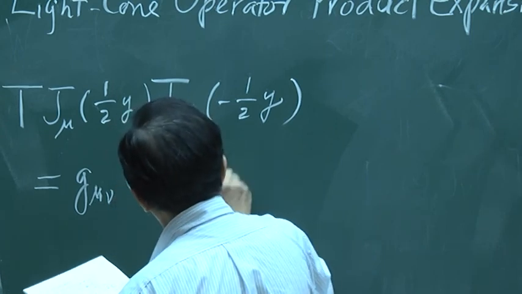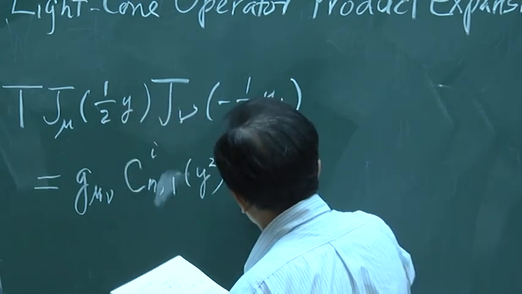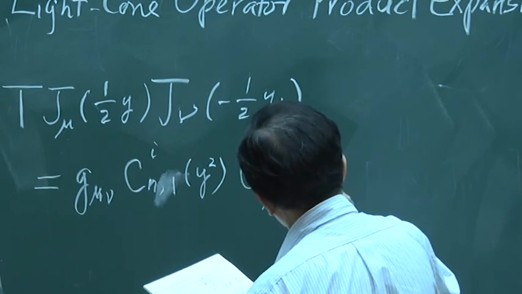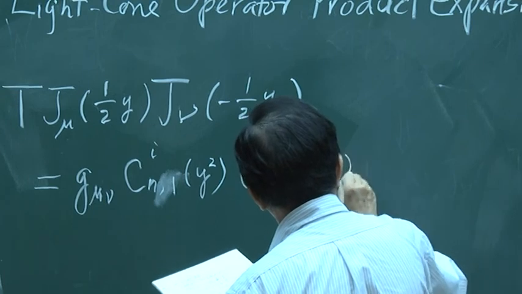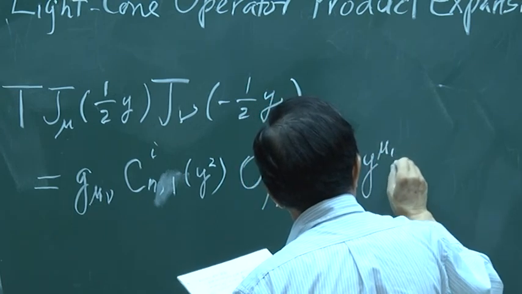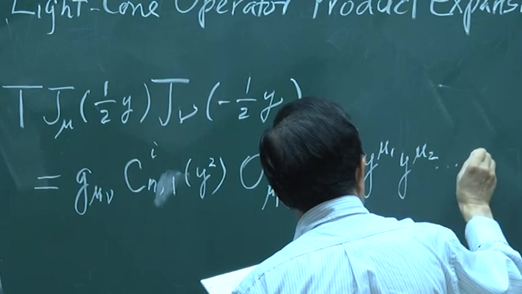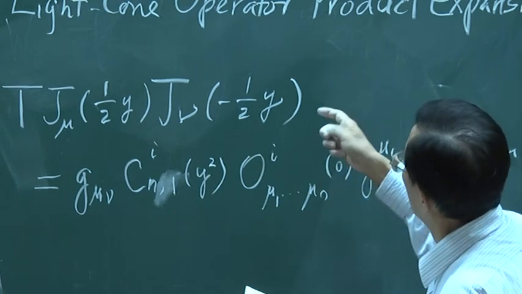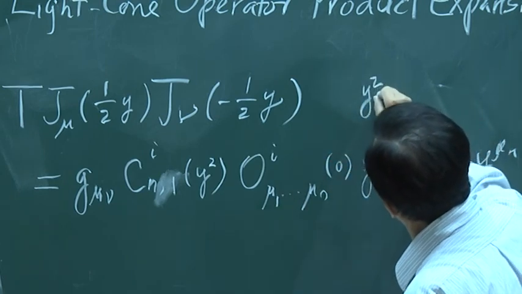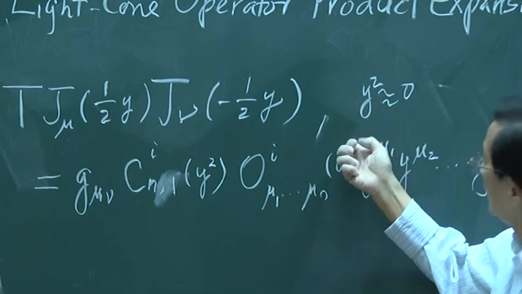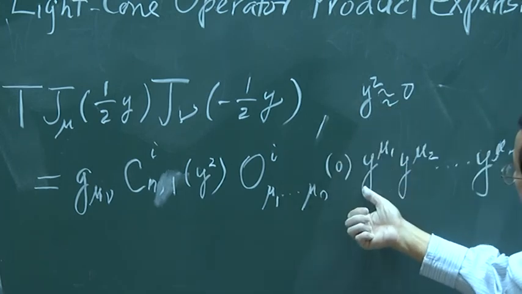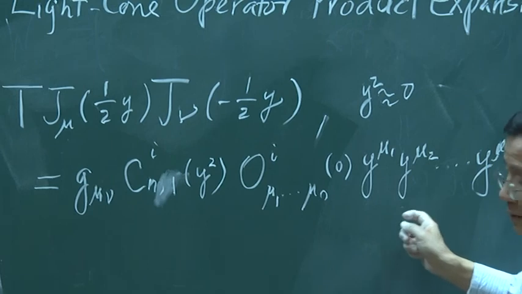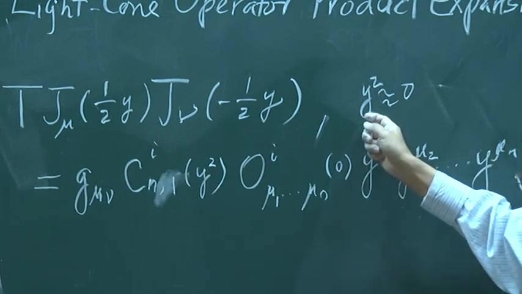And then a y squared, and then O i mu 1 to mu n, near 0, and y mu 1, y mu 2, y mu n. Now because this is on the light cone, y squared equals 0. So each component is not 0, so individual components could be very big, and so you cannot drop this, because this can be big. Still, you have this, okay?